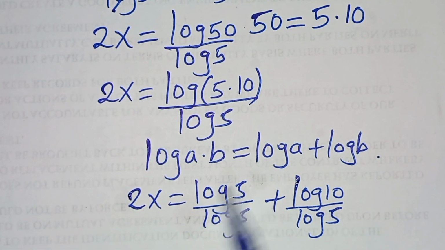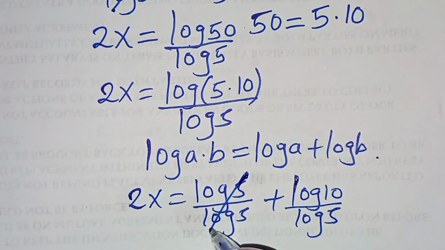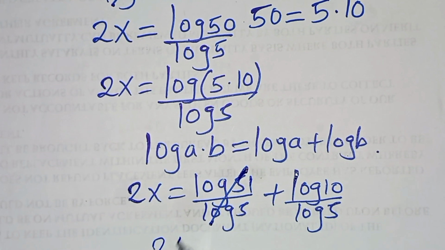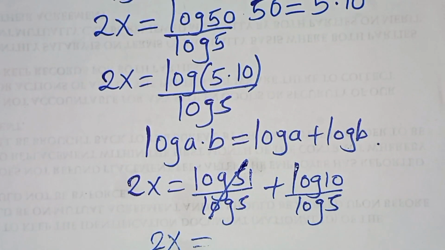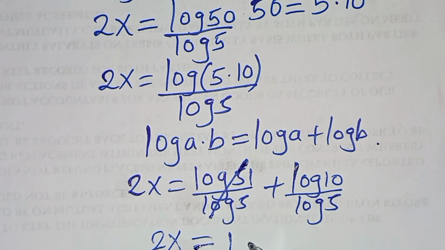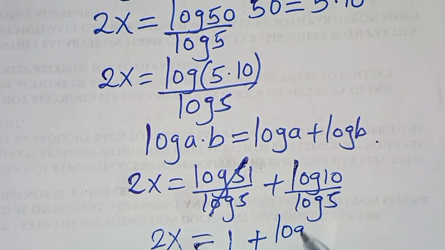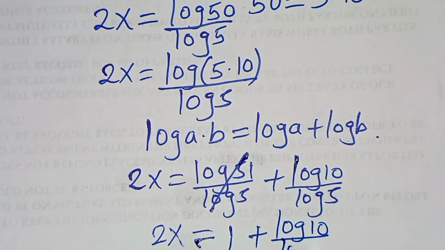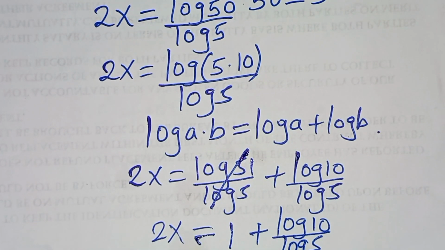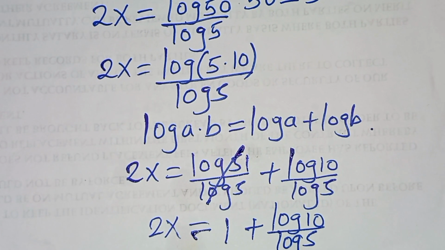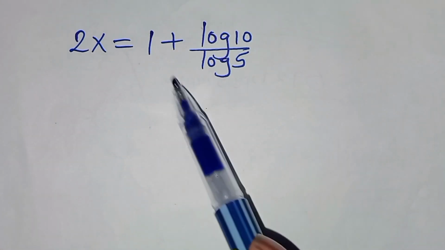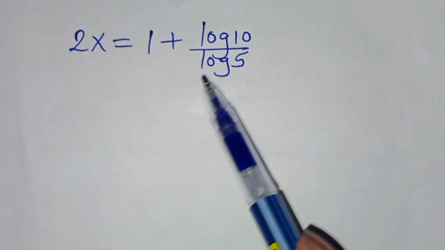The next step from here is to simplify. So now we have 2x equal to 1 plus log 10 divided by log 5.